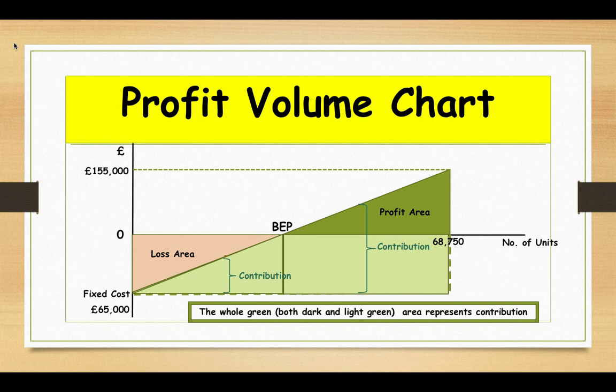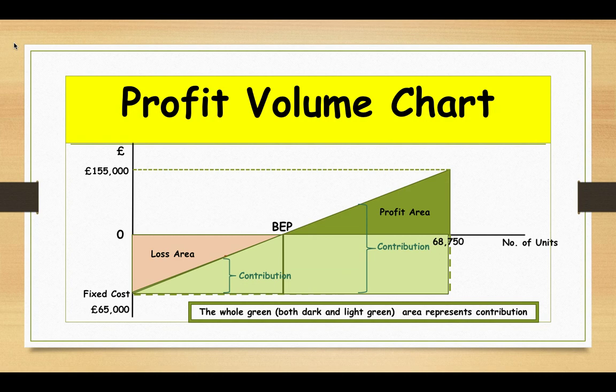Now, from this graph, if they ask you to calculate the contribution to sales ratio, for example, if the selling price is £5 per unit. Okay, so from the graph, we can see they have sold 68,750 units, and the selling price per unit is £5.